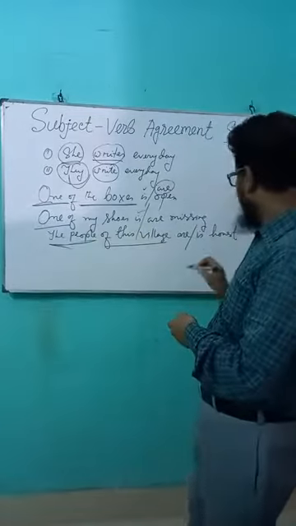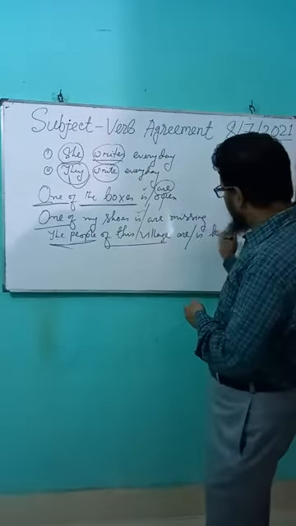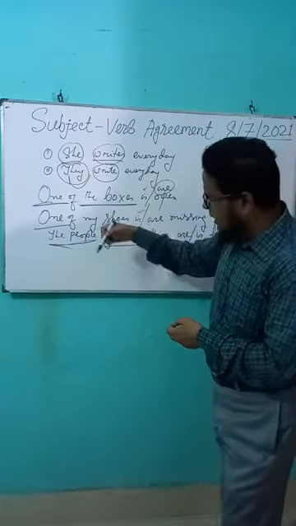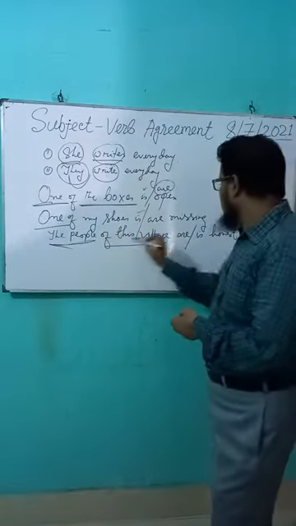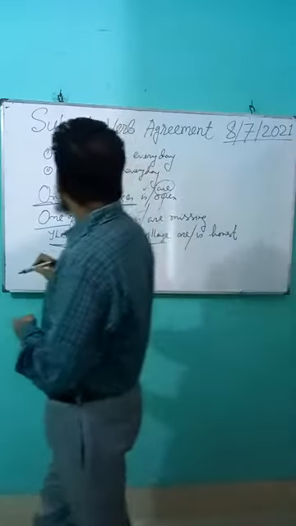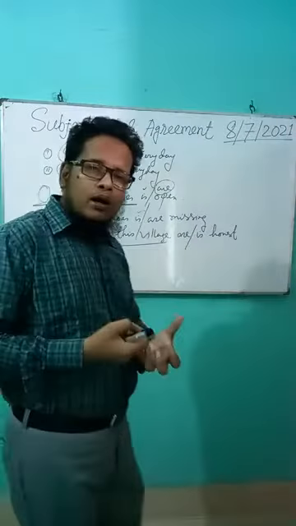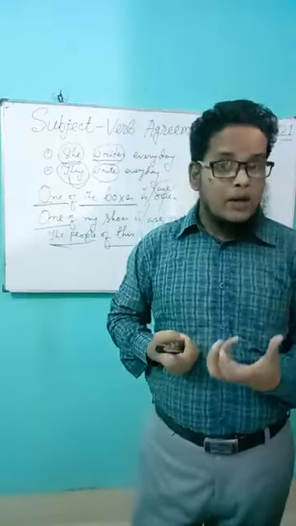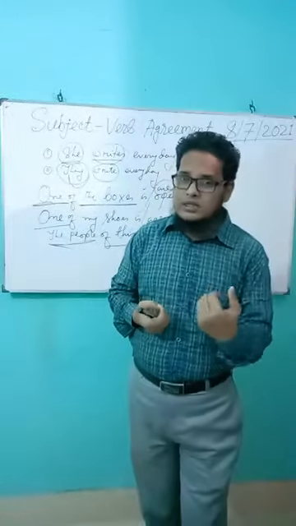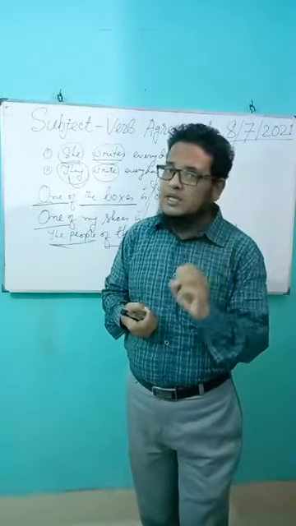And that's why the verb agrees with the subject. As I have told you previously, when the subject is plural, the verb must be plural, and when the subject is singular, the verb must be singular.